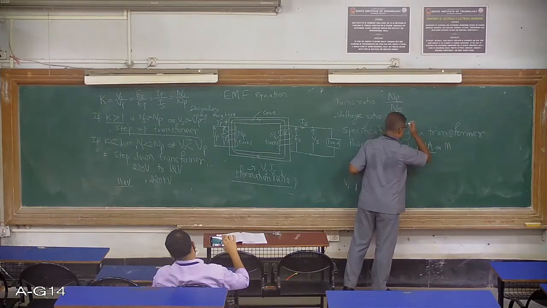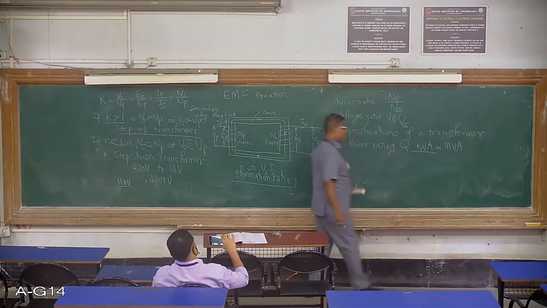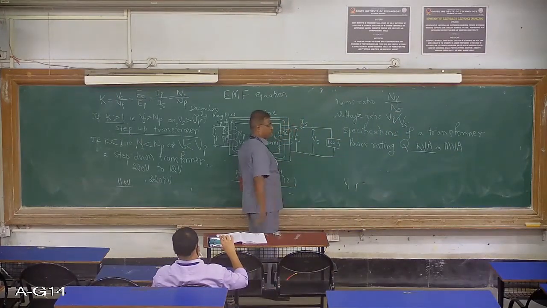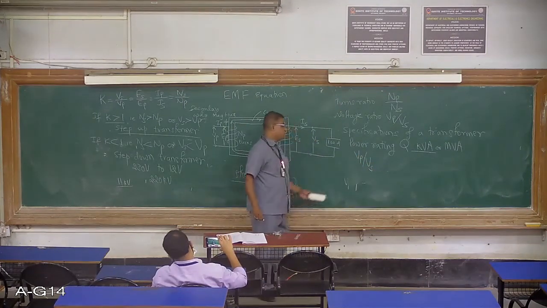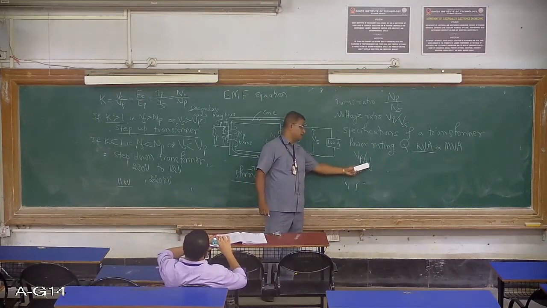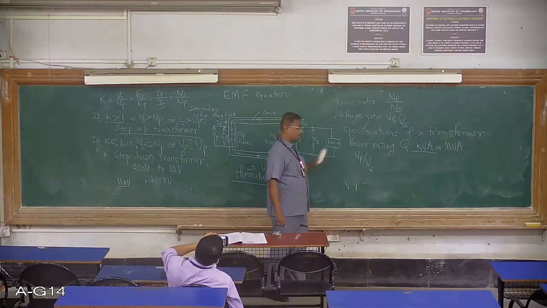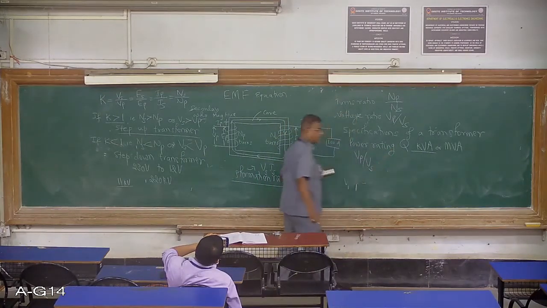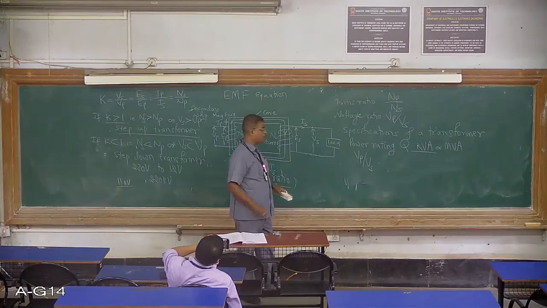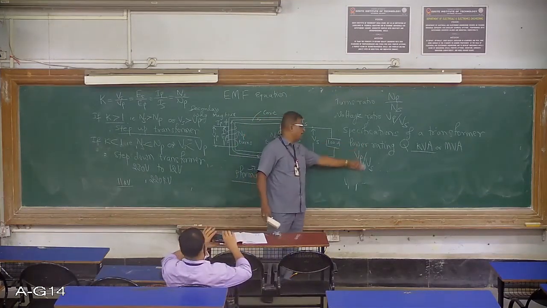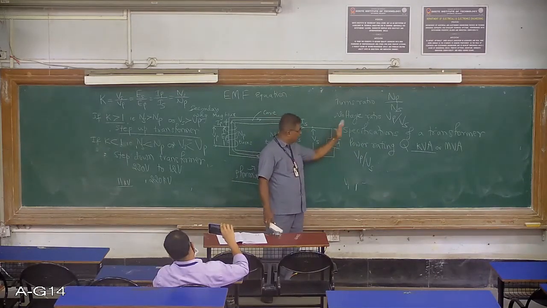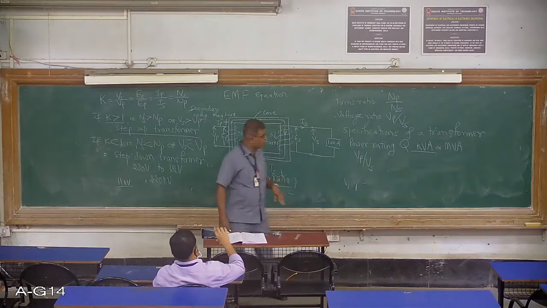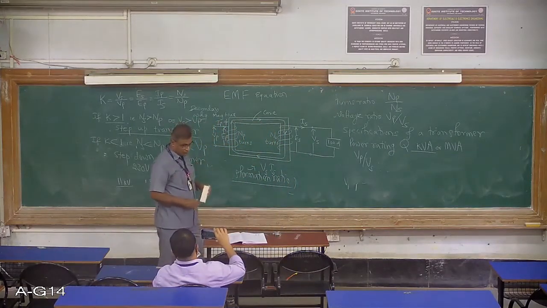M stands for mega: megavolt ampere, kilovolt ampere, or volt ampere if it is a small transformer. Then you will have Vp by Vs, the primary voltage and the secondary voltage. This information is written on the transformer. Then you will find frequency, current and remaining details, the type, etc. First voltage is primary; the voltage in the denominator is always the secondary voltage. That we need to remember. So that is about the EMF equation.